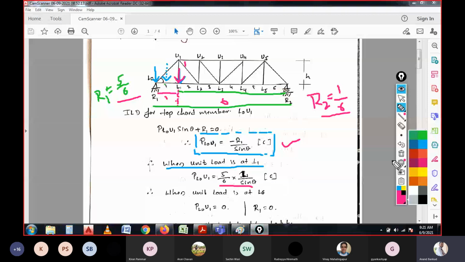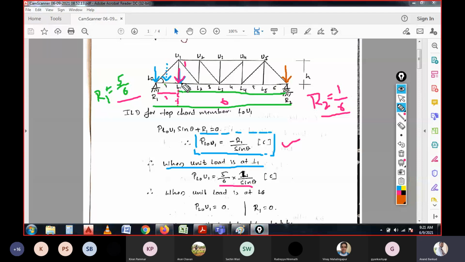So now I will take the point 6 over here. The unit load is considered at L6.